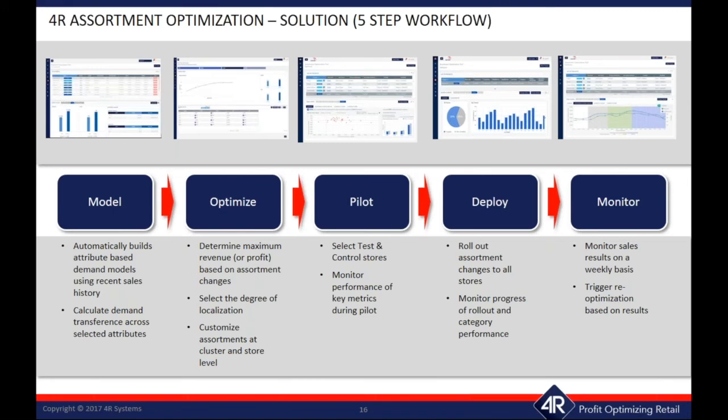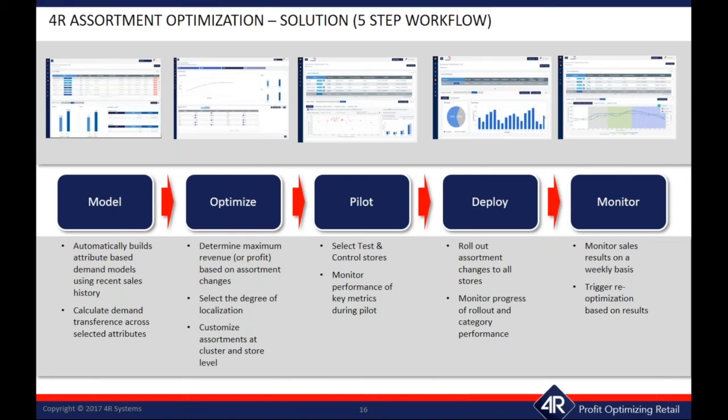Once that's determined and there is a benefit which has been projected, you can pilot, actually do a rollout. System is self-feeding, and so you can look and see how it's doing versus test and control, and look at the key metrics during the pilot and rollout. Typically, you have to allow a certain burn-in period of putting a new assortment out there into retail before the consumer notices. So there is a burn-in period, and then you actually see what the results are.